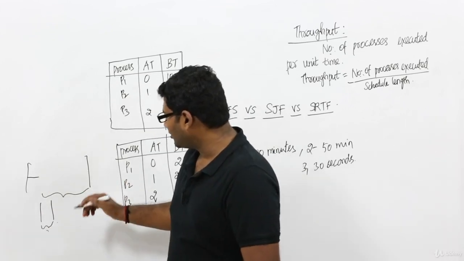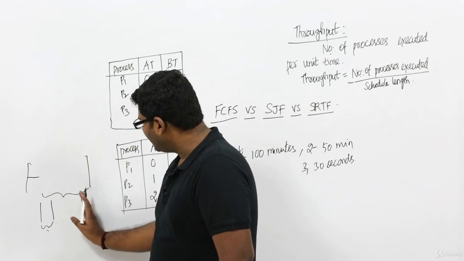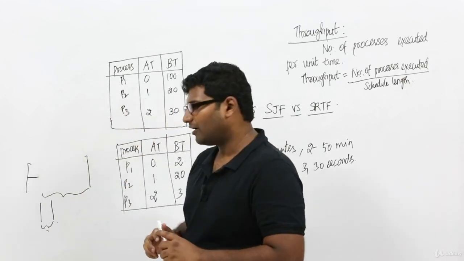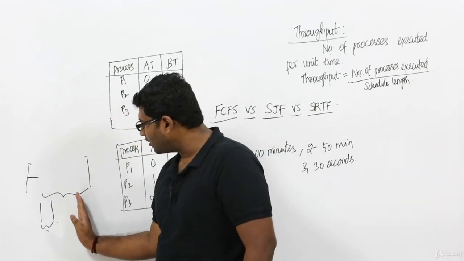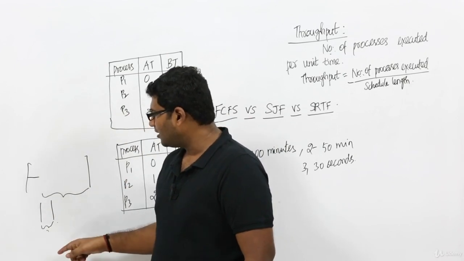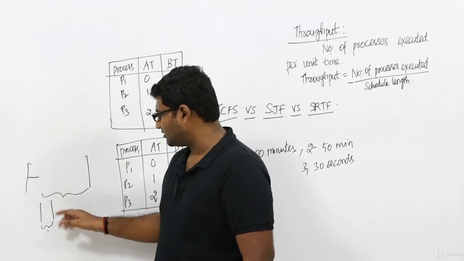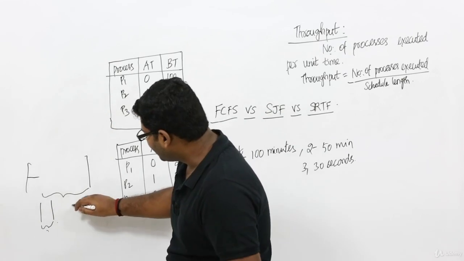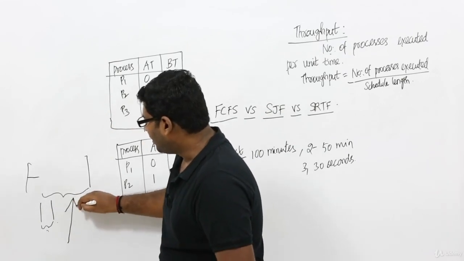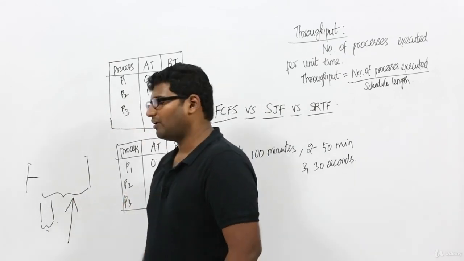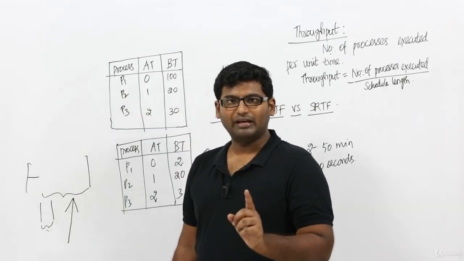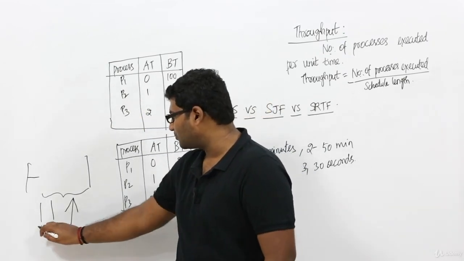Now let us assume we are checking at this point of time, the throughput will be much higher, which means we have completed one process at this time. In case you are using SRTF, this process is completed.